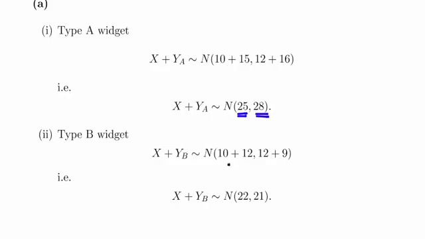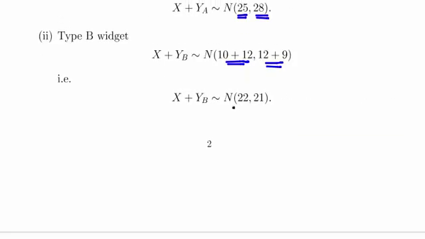Likewise, for type B widgets, add the means, 10 plus 12, add the variances, 12 plus 9, and we get a combined normal variable with a mean of 22 minutes and a variance of 21 minutes squared. I should always say minutes squared when talking about the variances, but I might slip and just say minutes.